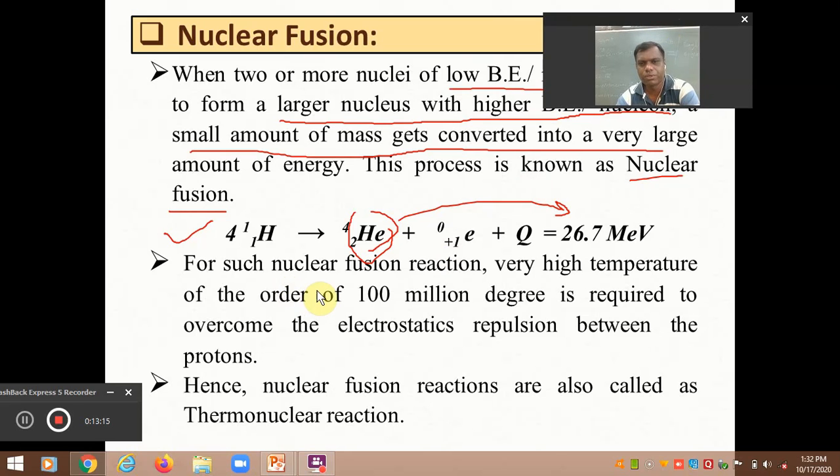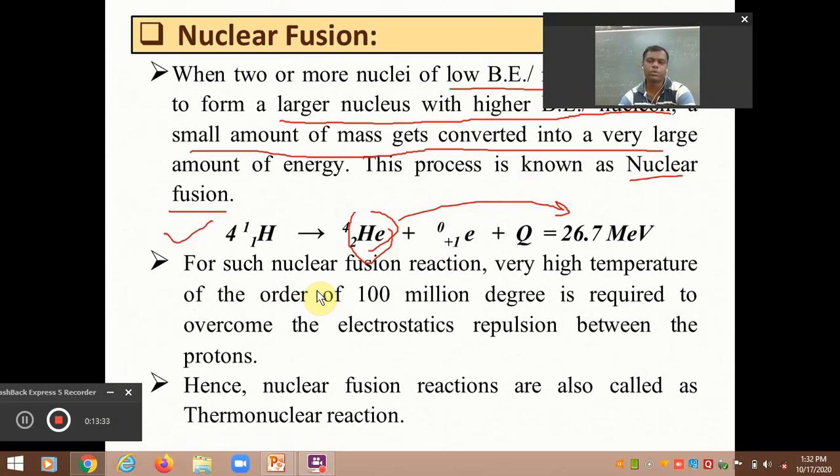And for such a nuclear fusion reaction, a very high temperature, generally of the order of 100 million electron volt, is required to overcome the electrostatic force of repulsion between the protons which are present in the nucleus.